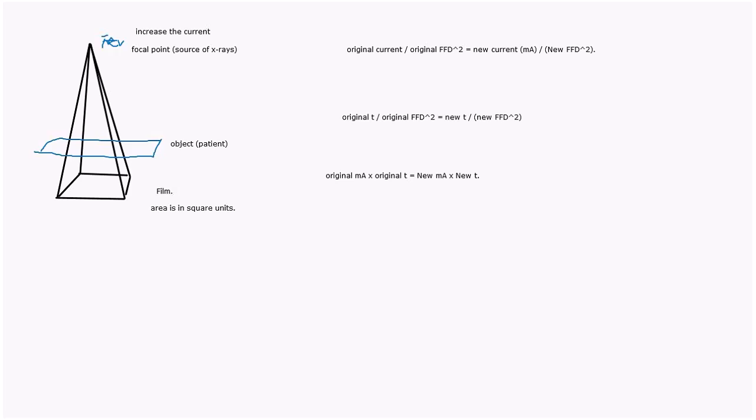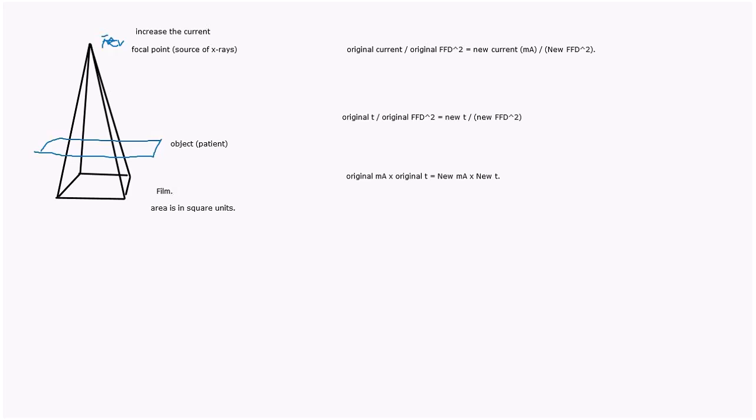So if milliamps goes up on the left, milliamps has to go up on the right. Or if milliamps goes up on the left, maybe we could increase time instead.